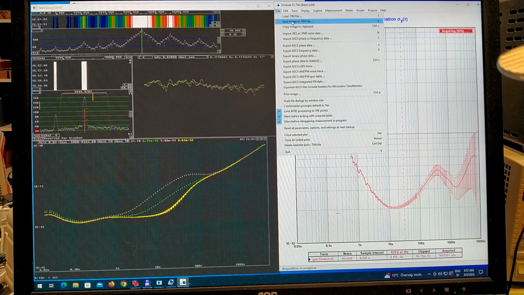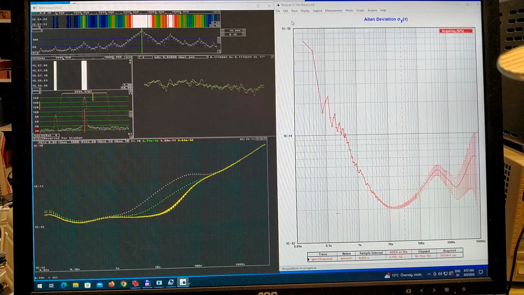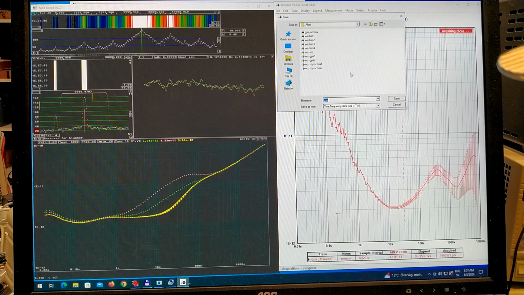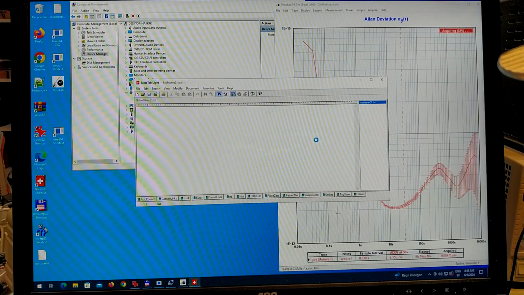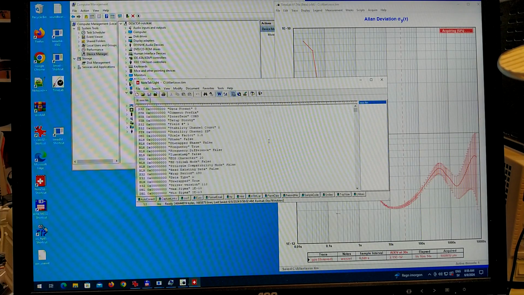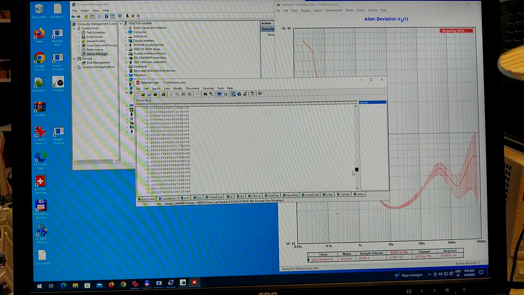I can save the data, giving it some funny name, XXX, and save. Then I open the file in a text editor. It looks like this, and here we have the initial values. When I look at the end of the file, we can see the values actually are different.